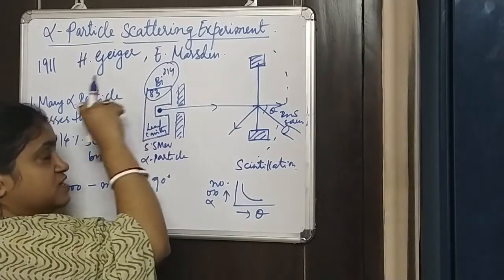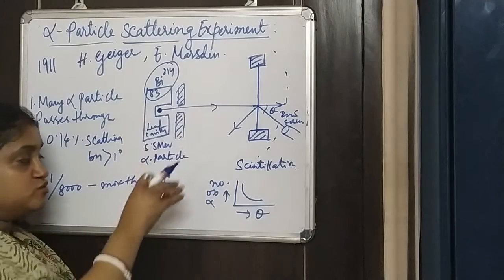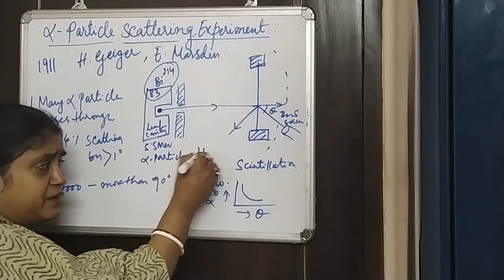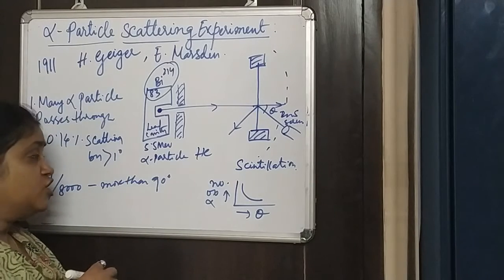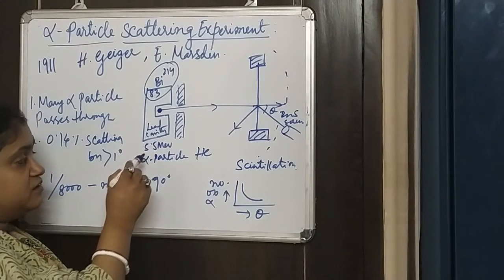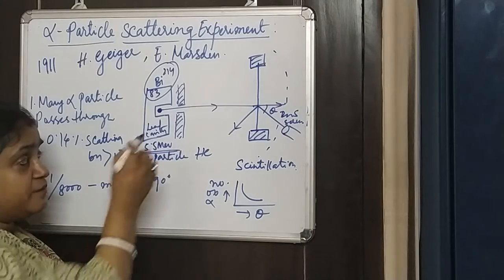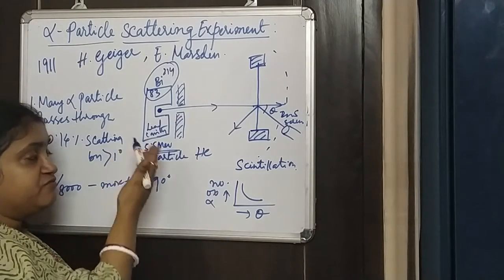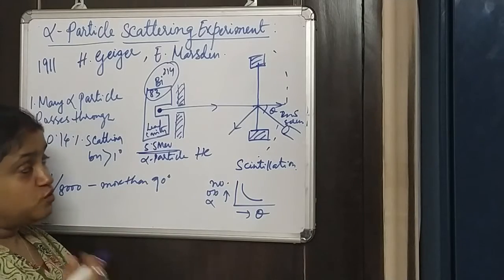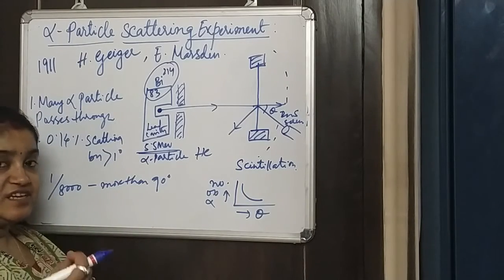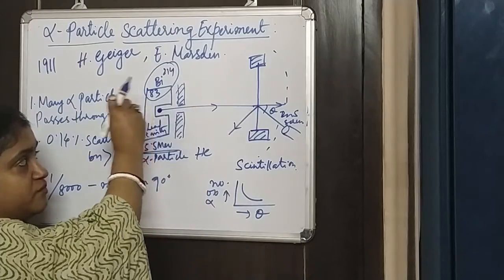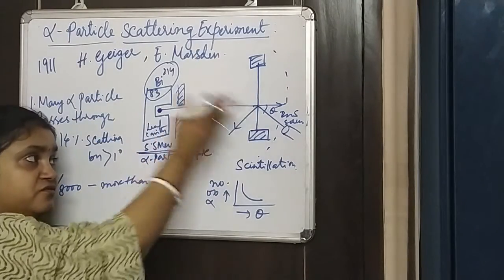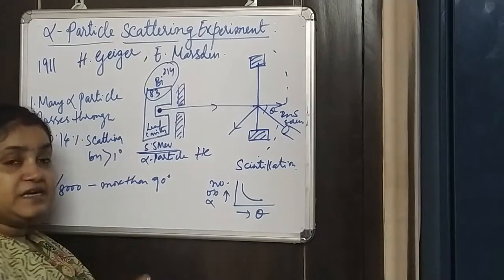From the source alpha particles would come out. Alpha particles are nothing but helium nuclei, and they come out from the source with energy 5.5 million electron volts. With that kinetic energy, they are going to hit the gold foil kept here.